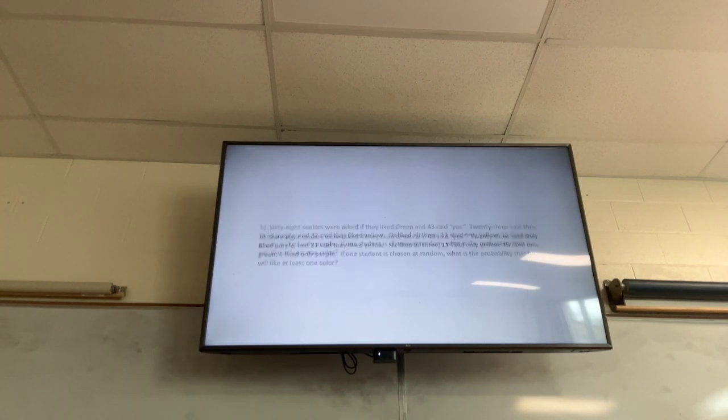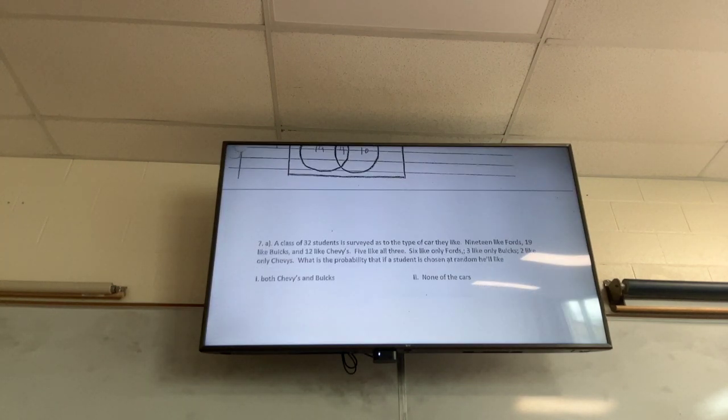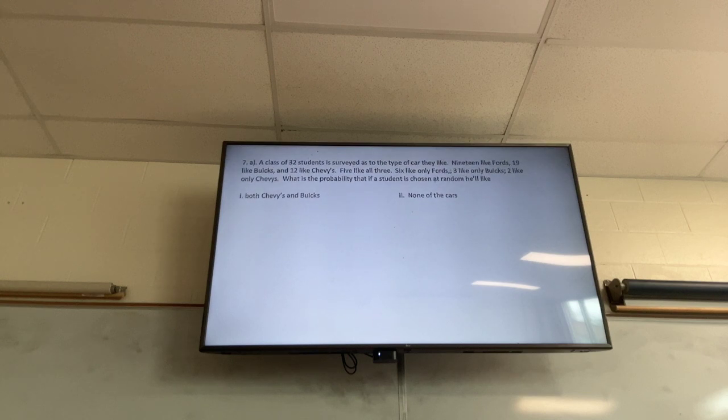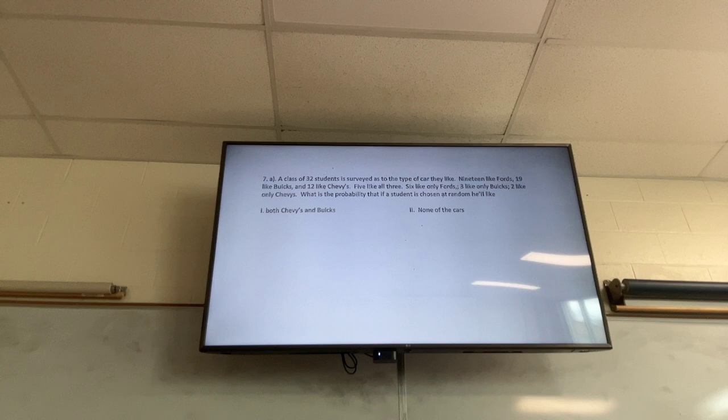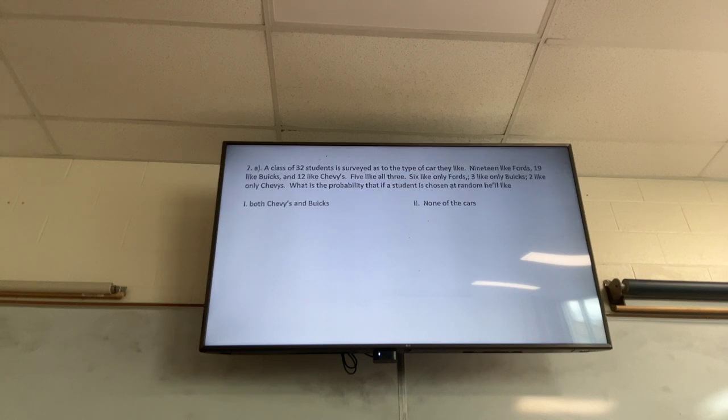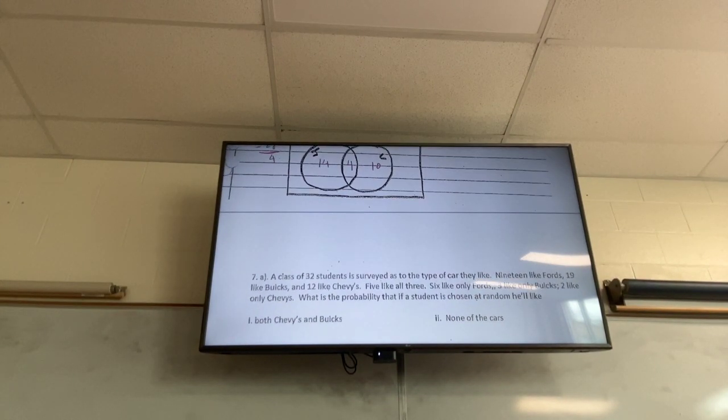Class of 32 students surveyed as to the type of car they like. 19 like Fords, 19 like Buicks, 12 like Chevys. 5 like all 3, 6 like only Fords, 3 like only Buicks, 2 like only Chevys. So we've got to draw a mega Venn diagram here. I'm going to draw a little box.